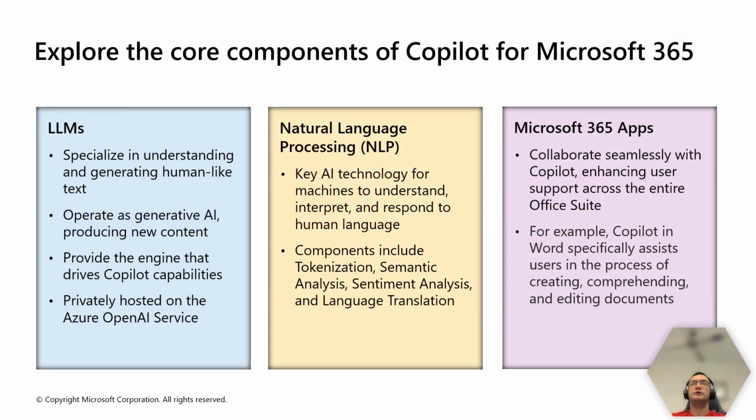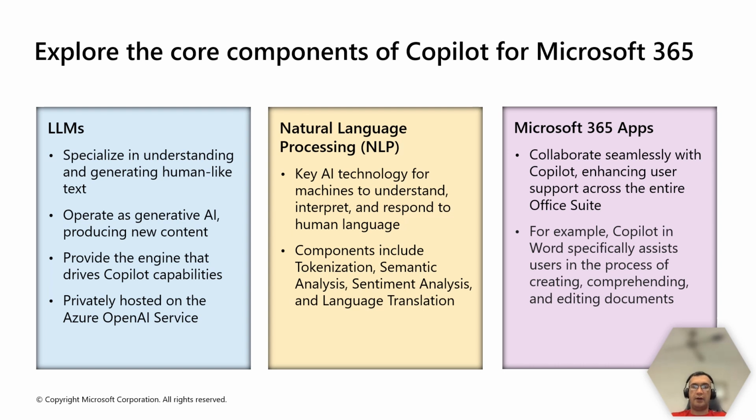The core components of Copilot: we have three core components, LLM, large language models, natural language processing or NLP, sorry, and Microsoft 365 apps. So what LLM is doing is, LLM is an expert in understanding and generating human-like text. It operates as a generative AI and creates new content for you. It is providing an engine that drives Copilot capabilities.